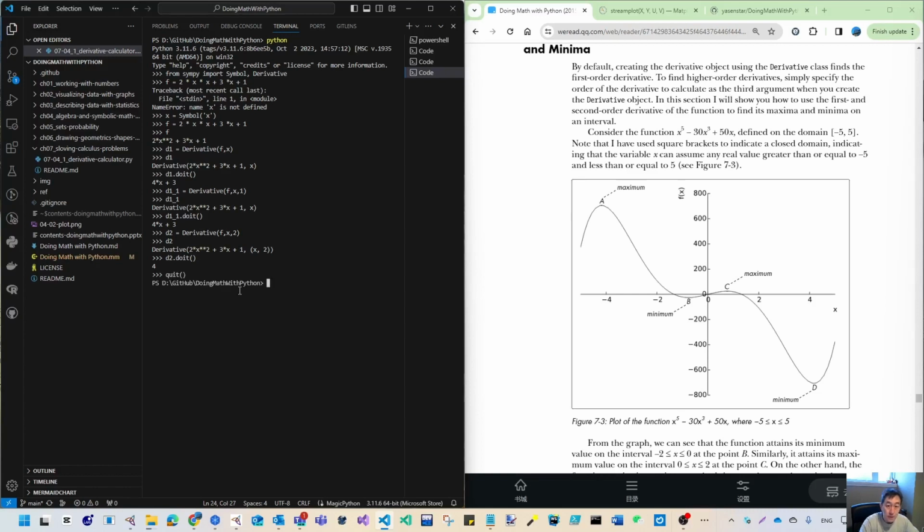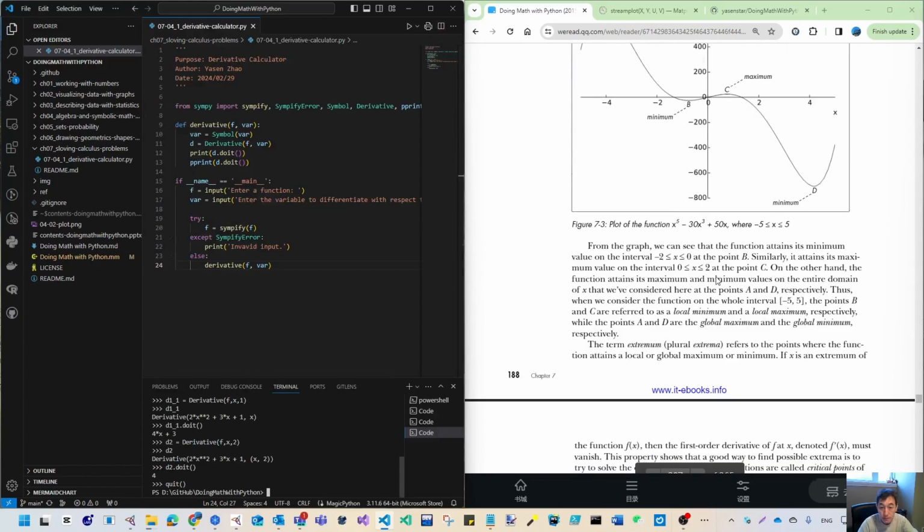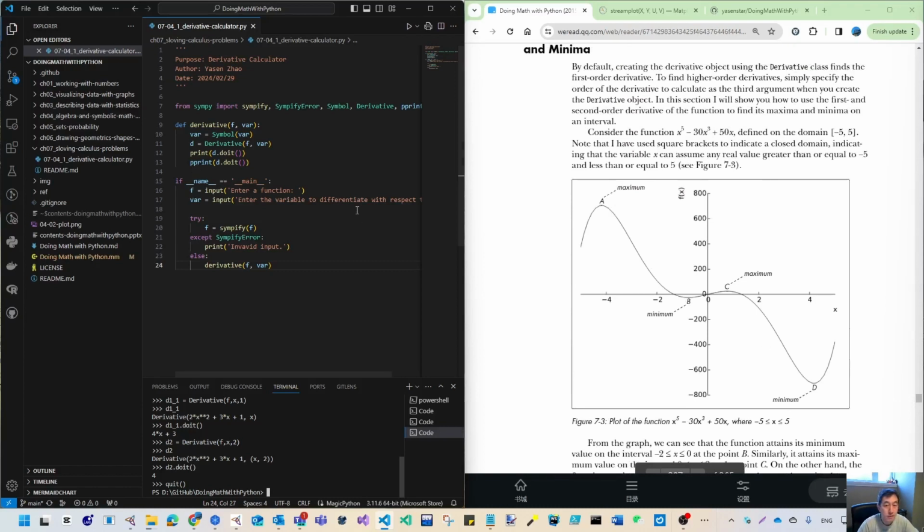So instead of just using the command, let's create a program and follow this one by one to find the numbers of those maxima and minima. So let's do this.